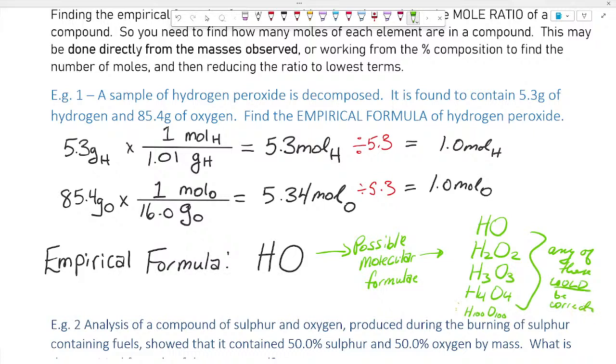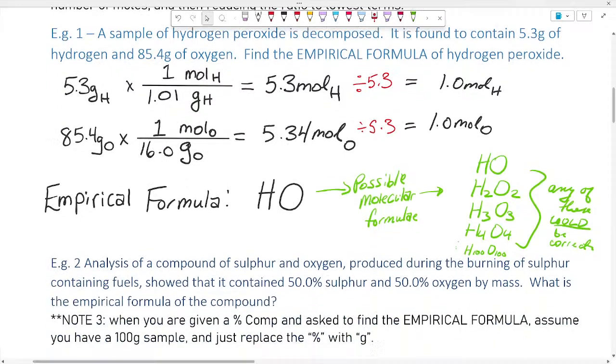Now, we're going to learn later on how we get that other piece of evidence, how we know which one it is. Does that make sense? But for now, we'll just say that this is the empirical formula, which means that one of these has to be the molecular formula. And then we could figure out some other ways to figure out which one is which. We'll come back to the other ways on the next page. Any questions about that? That's okay? All right.